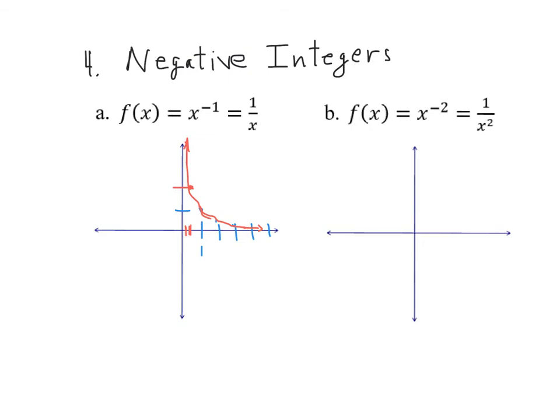And now when we plug in negative numbers, like -1, we're just going to have the same thing happening on the negative side. We'll get -1 down here, and as our x values get bigger and bigger in the negative direction, we're going to have smaller and smaller negative numbers for the outputs, and so forth.